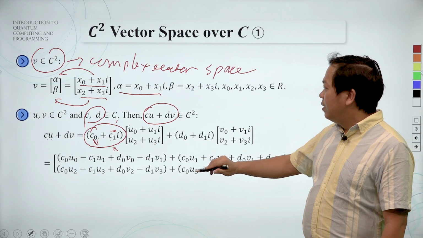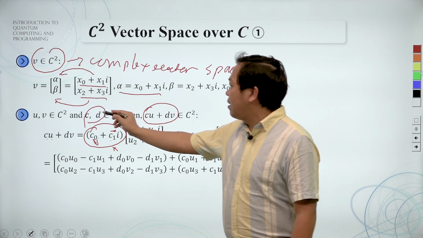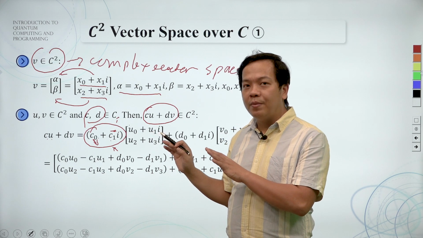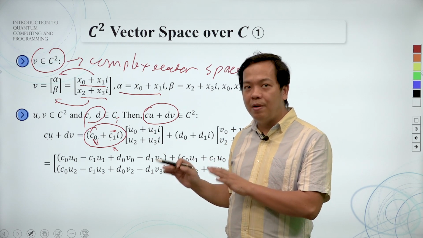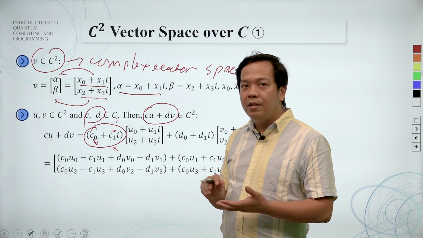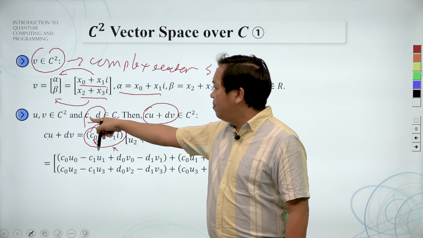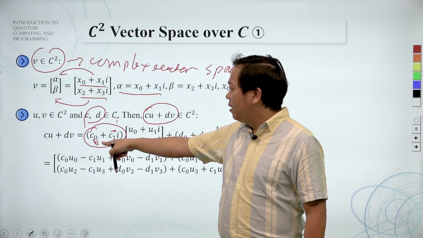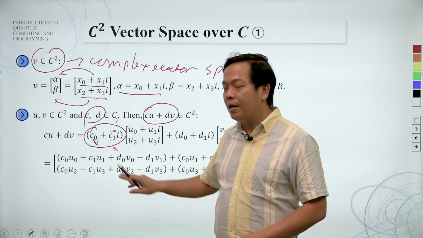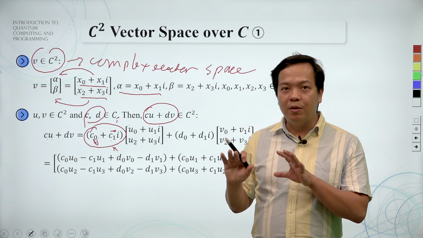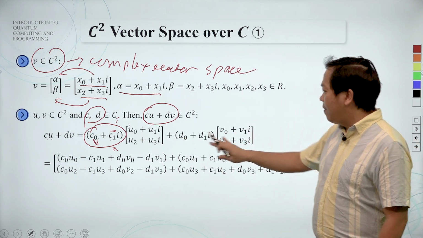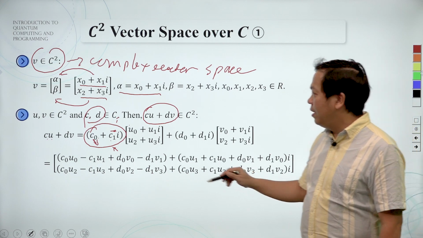So you need to be careful about this formula. Here c, d are in C, which means we need to represent c and d with 2 parts: the first is the real part, and the second part is the complex number.